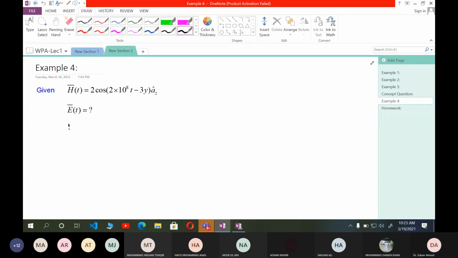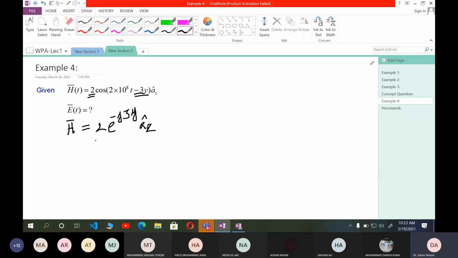So I can write this H in phasor form. I have to pick this magnitude 2 and this phase, 2 exponential of minus j 3y, and obviously it's a vector, so we must write this as a unit vector. So this is the phasor vector corresponding to this time domain vector signal. So this was our first step.